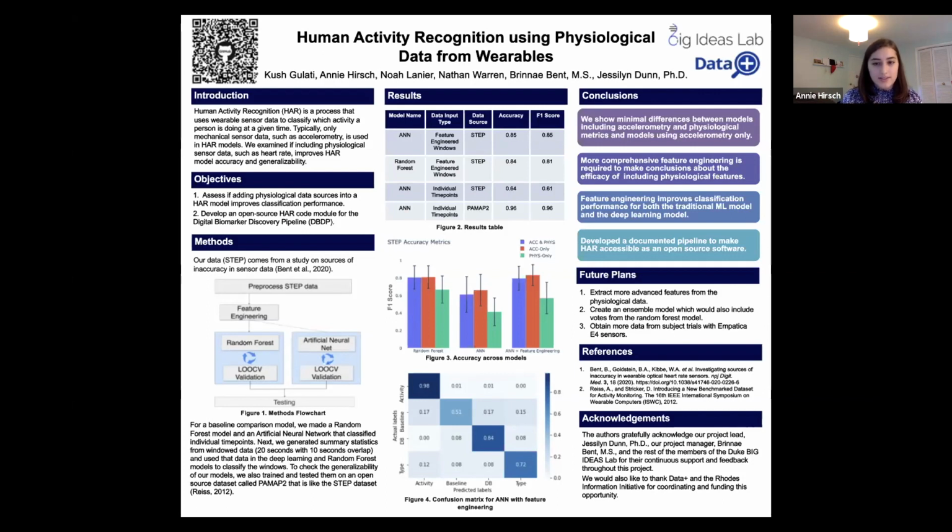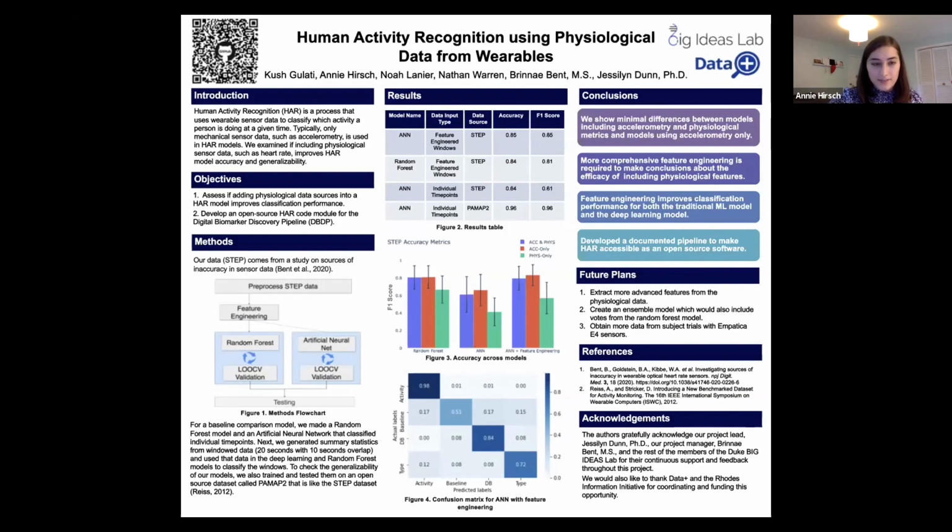To fix this, I think our team would like to do some more comprehensive feature engineering so that the model can pick up on more complex differences in the physiology or mechanics of the activities that we have represented in our study.